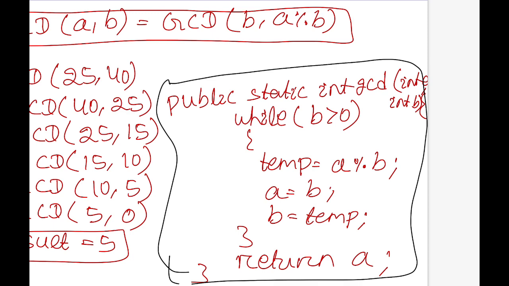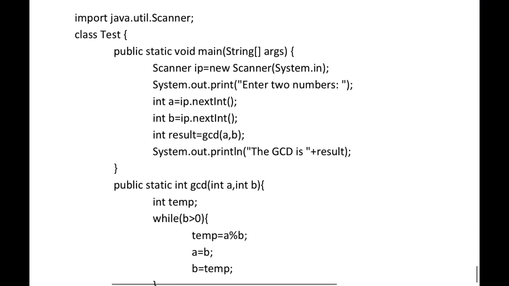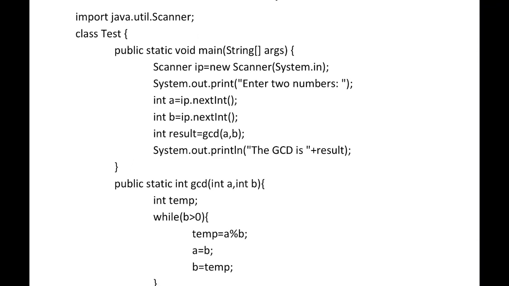So we can write the complete program, and here you can see it. Scanner ip equal to new Scanner System.in, enter two numbers, int a, int b. The first input is a, the second input is b, and int result equal to GCD of a and b.